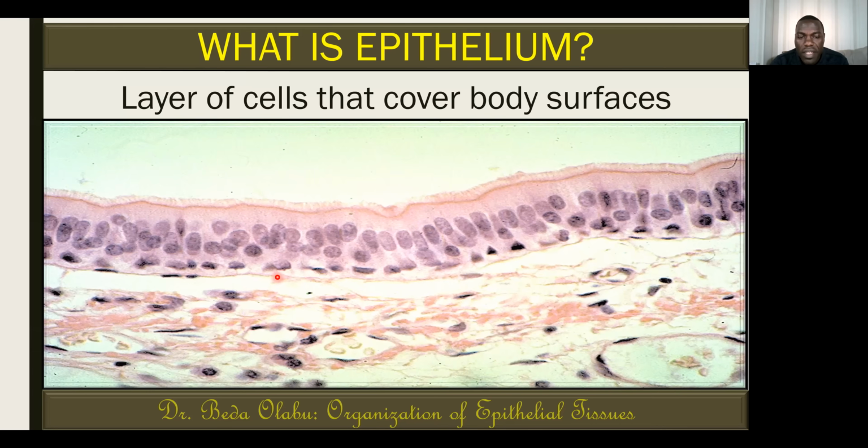The attached side is called the basal surface of the epithelium. The part that's attached will be attached to the underlying, most of the time, connective tissue.